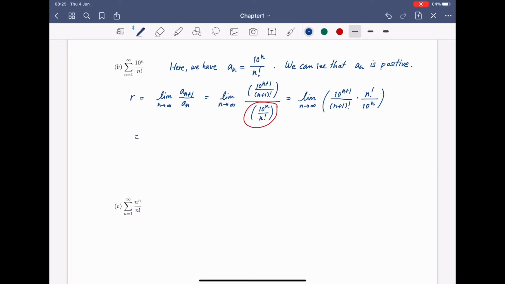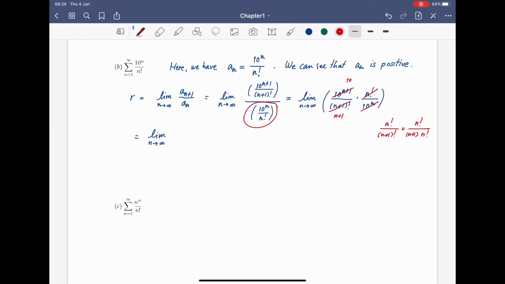And then after that, I can do a cancellation. So 10 to the n is gonna cancel with 10 to the n plus 1. So you have 10 left. And then n factorial is gonna cancel with n plus 1 factorial. So you have n plus 1 left. Does it make sense? Because n factorial over n plus 1 factorial is n factorial over n plus 1 times n factorial. Because if you expand n plus 1 factorial, it's going to be n plus 1 times n times n minus 1 and so on.